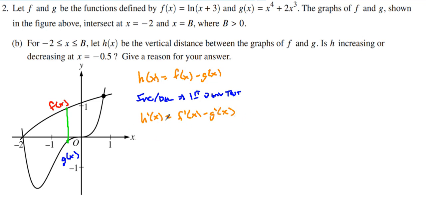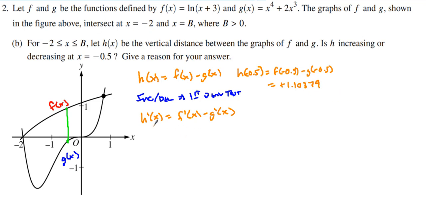And if we take a look at h of -0.5, sorry, my bad, -0.5. I'm going to do f of -0.5 in my calculator minus g of -0.5 in my calculator, and I end up getting positive 1.10379.